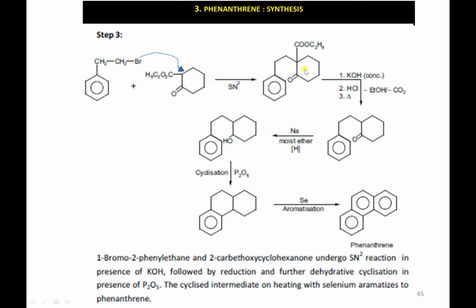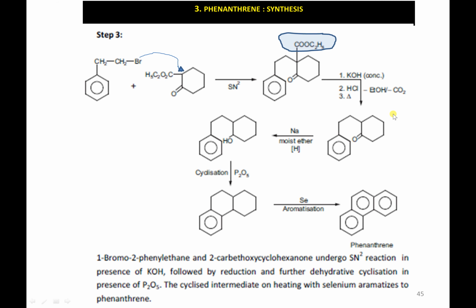Now this adduct, there is a decarboxylation using concentrated KOH and followed by acid hydrolysis. So first is hydrolysis with KOH to COOH, and then it's decarboxylation at high temperature. So this is totally removed from here.